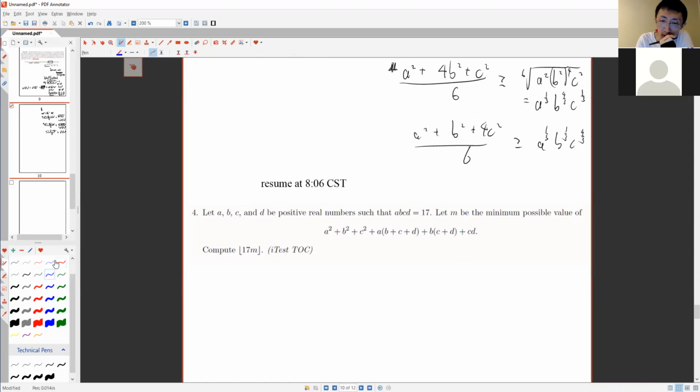Okay, so ABCD is 17, and we need to minimize this 9 variable expression. So what's annoying about this expression?